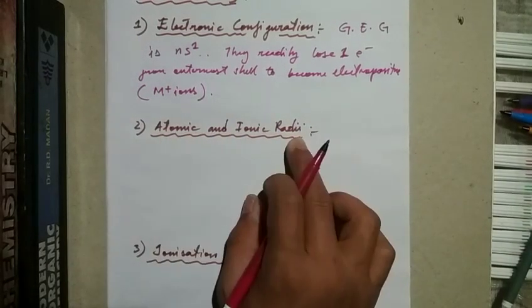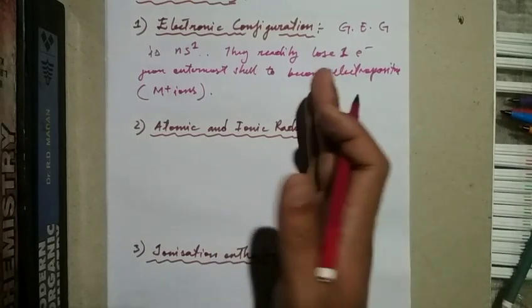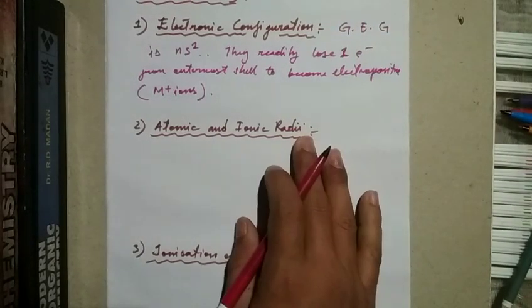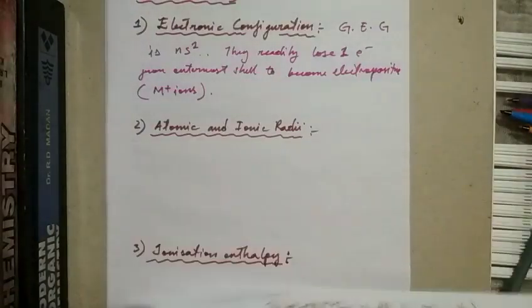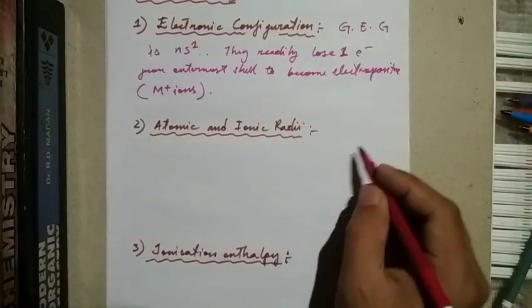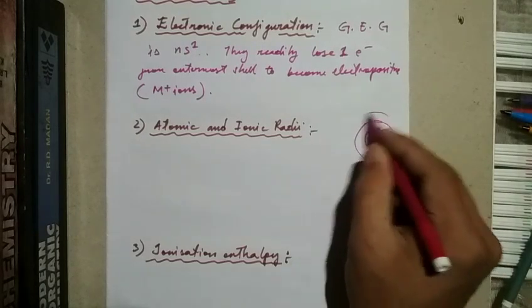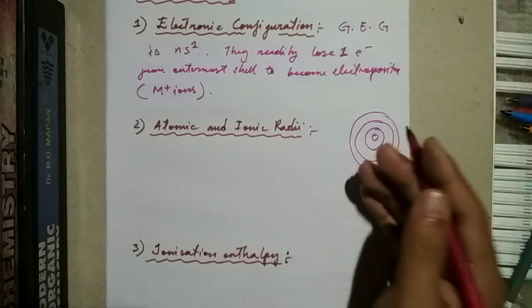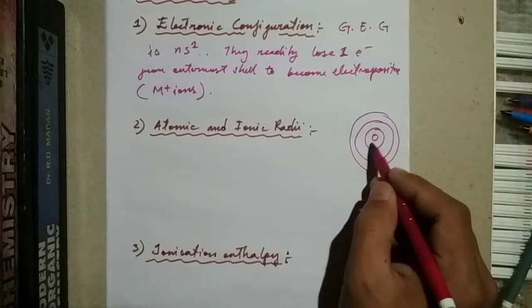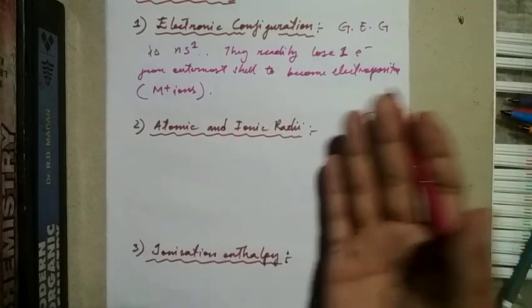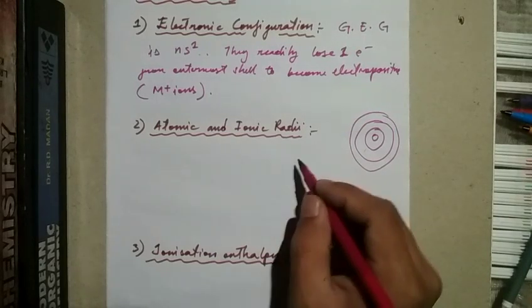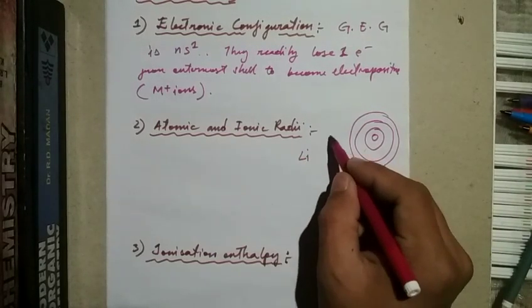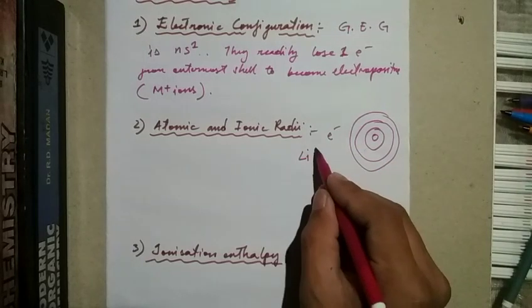Now atomic and ionic radii. As we move down the group, atomic number increases. Therefore size also increases, and the number of shells also increases with the increase in atomic number. So atomic radii will increase. Ionic radii means, suppose lithium: if you remove one electron, it becomes Li plus.